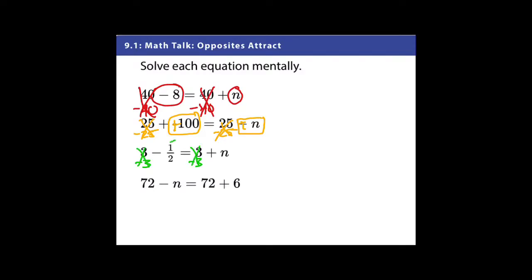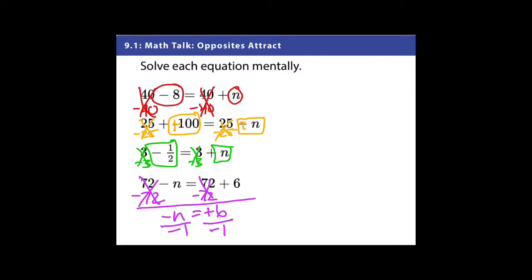So you get negative a half equals n. And then for the last one, there's a 72 on each side, so subtract 72. Those cancel. You get negative n equals positive 6, so divide by negative 1, n equals negative 6.